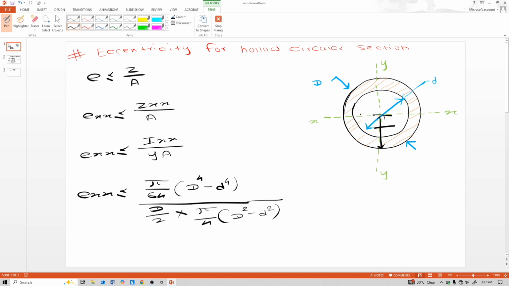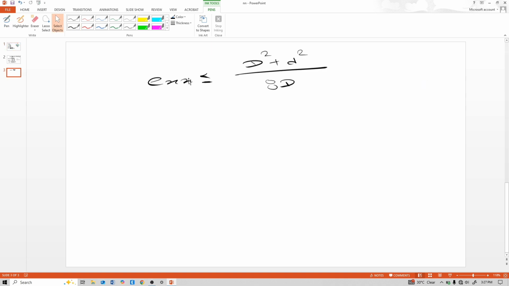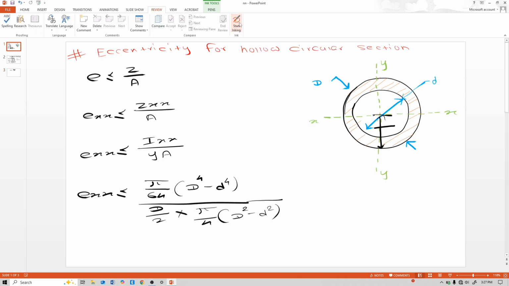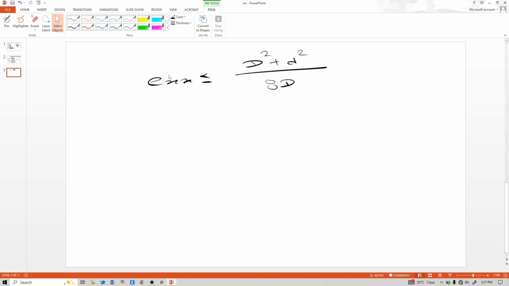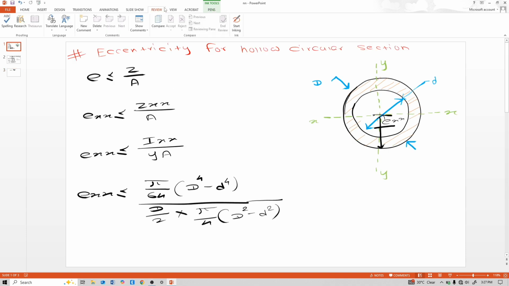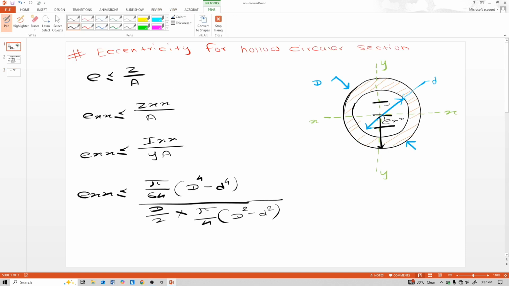The eccentricity from here to here is this Exx, and the Exx distance is nothing but capital D square plus small d square upon 8 into capital D, and this is also Exx, and this is Eyy, and Exx and Eyy are both similar. So that is the kernel of this section, core or kernel, this.